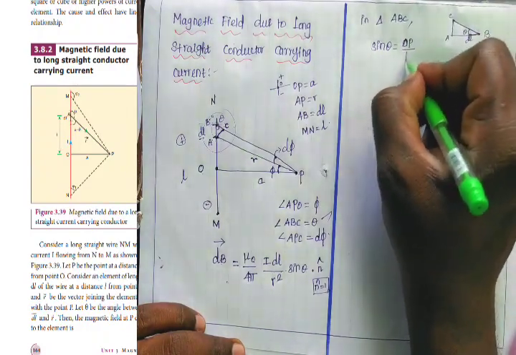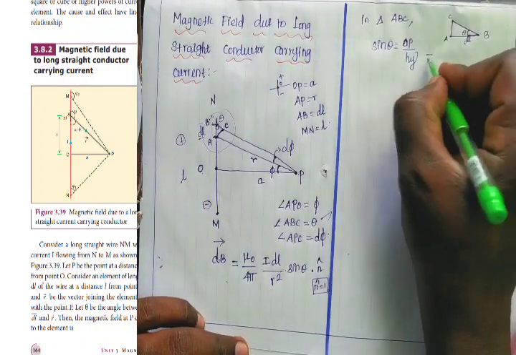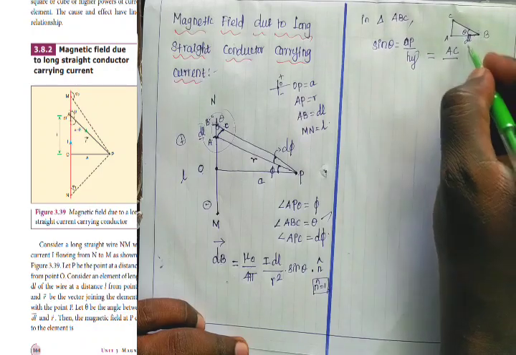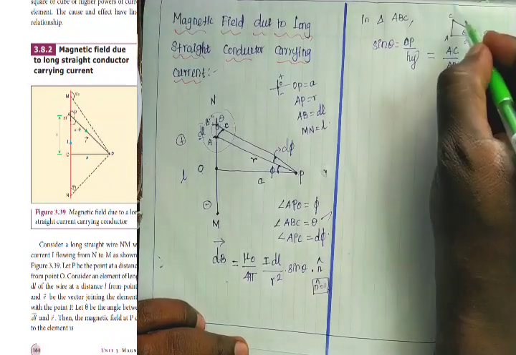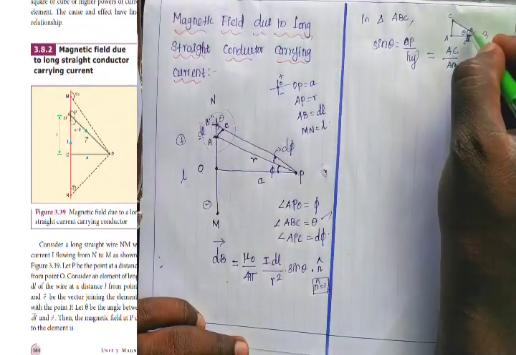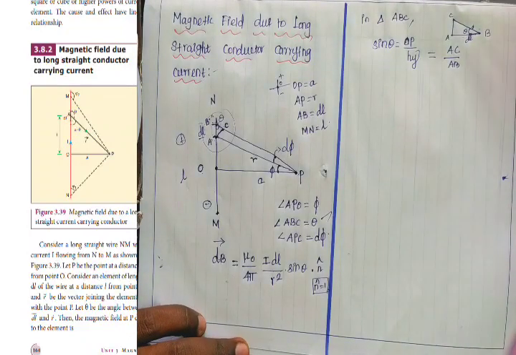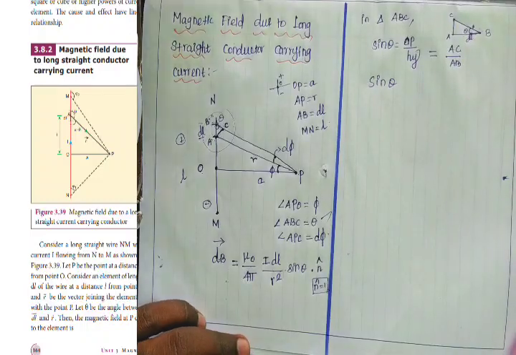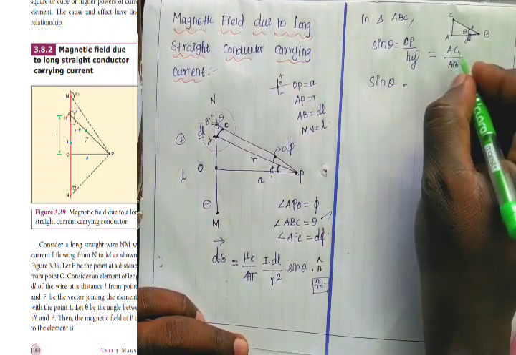Sin theta is opposite divided by hypotenuse. Here the opposite is AC and the hypotenuse is AB, which is dl.